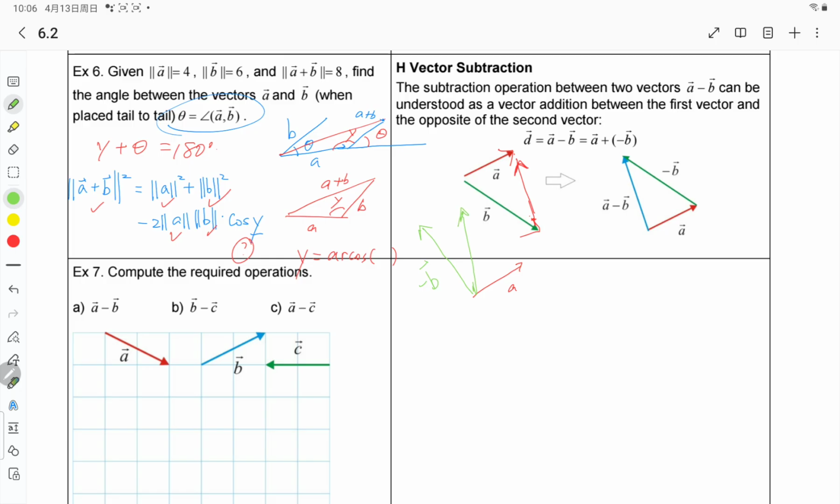It's like the diagonal of the parallelogram of a and minus b. Up to you if you want to remember anything, but as long as you remember how to add two vectors, and then you just let one of the vectors be in the opposite direction, I think you should be fine.